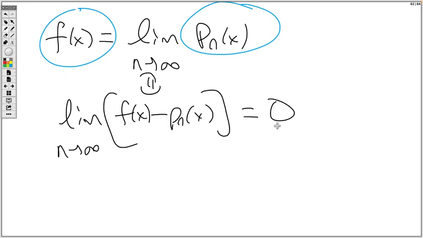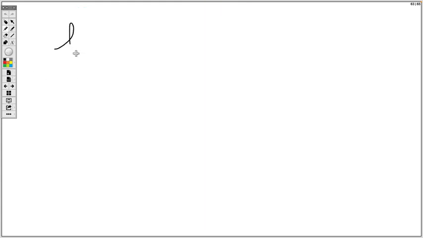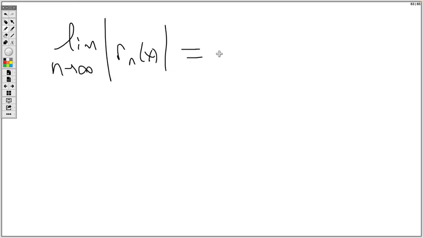You with me or not? And to show this goes to 0, that means you got to show that the remainder goes to 0. Which is the same as showing that the absolute value of the remainder is going to 0.